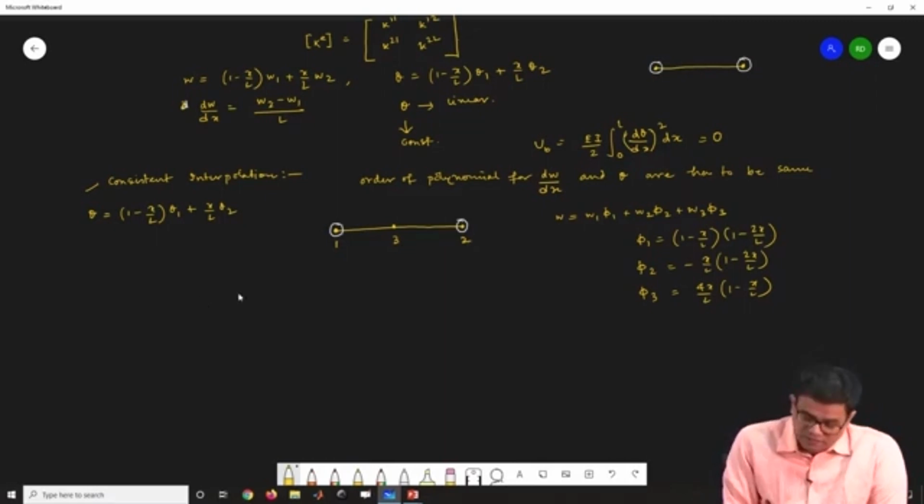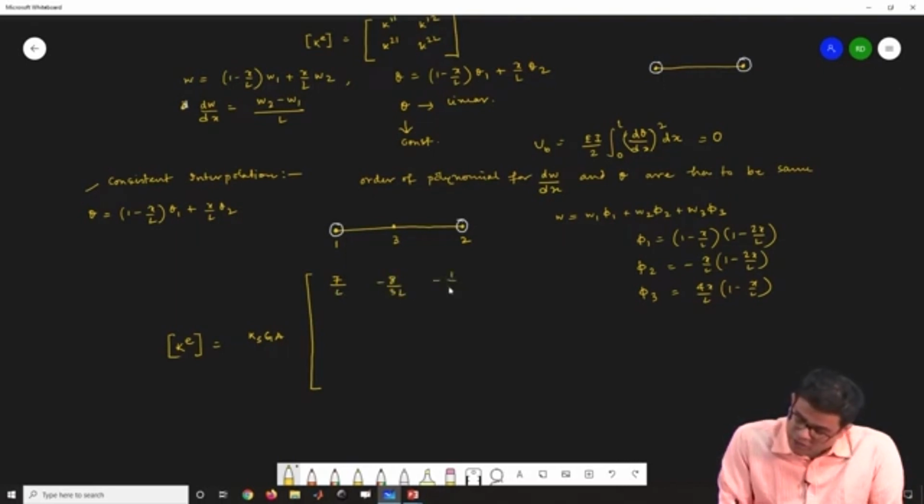And then we found out the stiffness matrix. The stiffness matrix we have found is of this form, that is kappa GA into this matrix: 7 by 3L, then minus 8 by 3L, then minus 1 by 3L, then 16 by 3L, then minus 8.